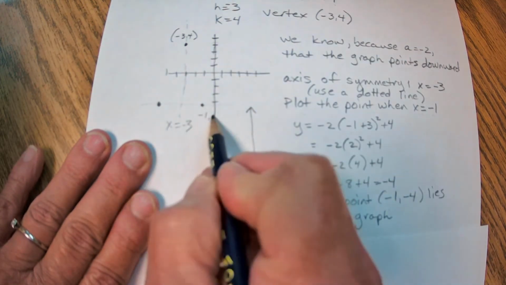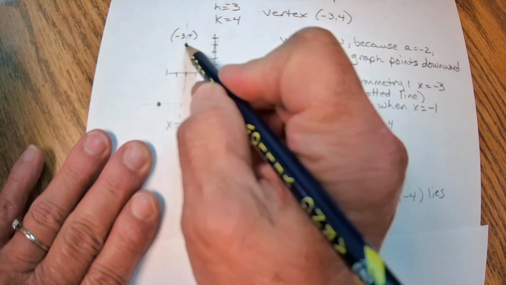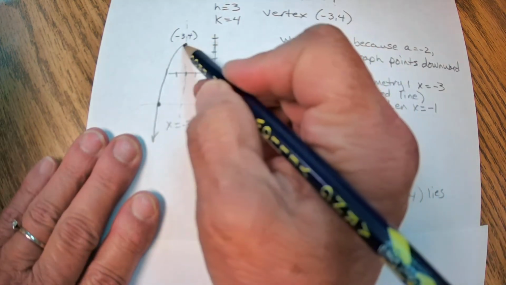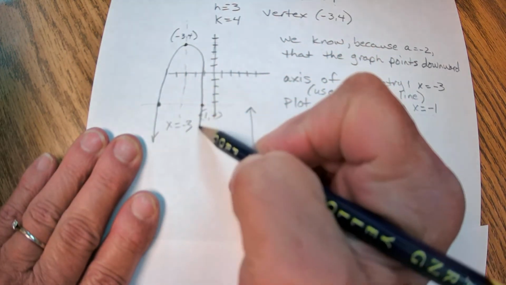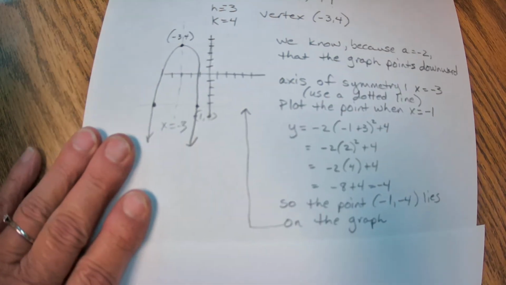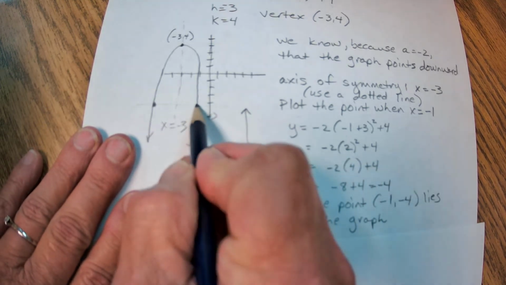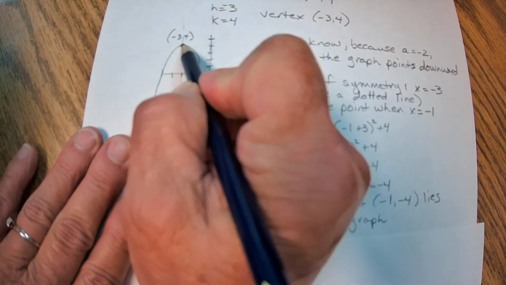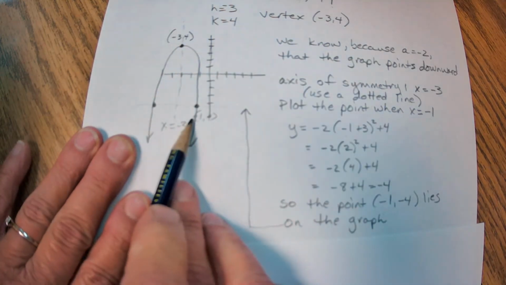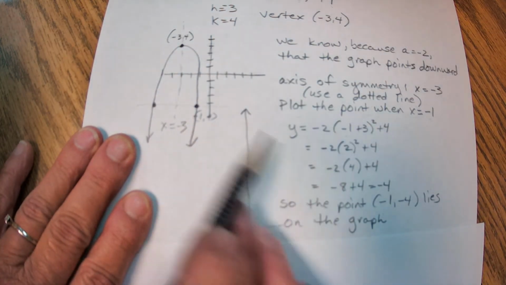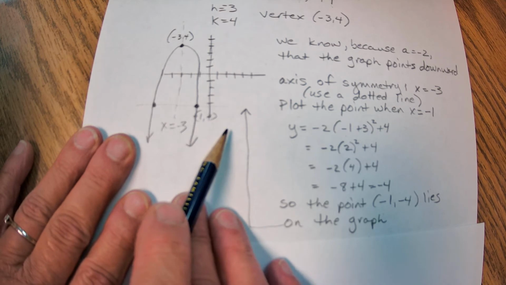So I know this one, I know that one. Those are the only 2 I need to plot so that I can now draw the graph. If you're doing this on an assessment of any kind, I want to clearly see this point and the vertex. I want to clearly see the point that you chose to find. All right?